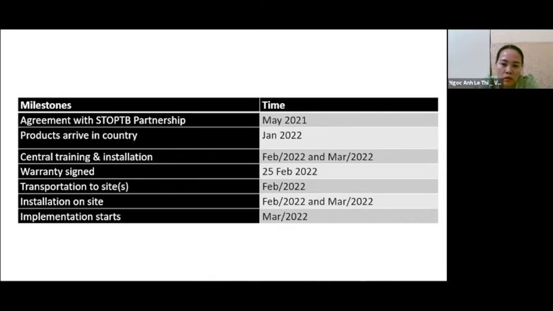We followed the guideline from the debt companies before we transferred the UP system to the province. We signed a warranties agreement and sent it back to debt before sending out the X-ray system to the province and doing the installation on site in February and March.